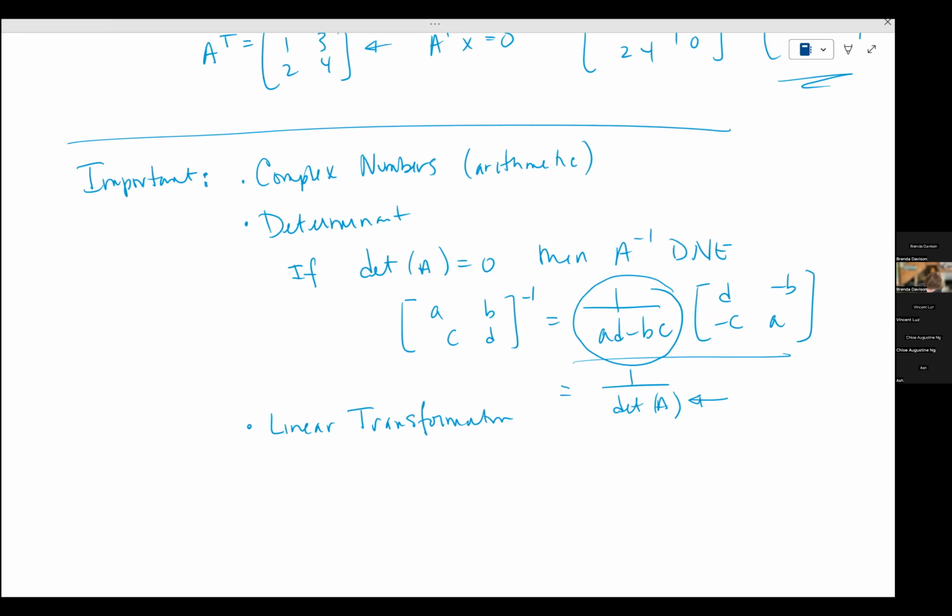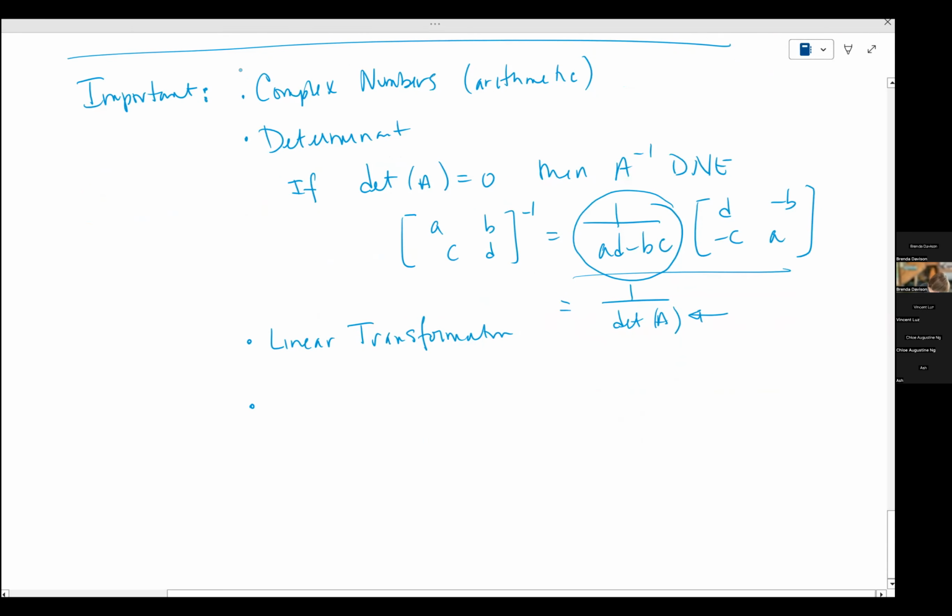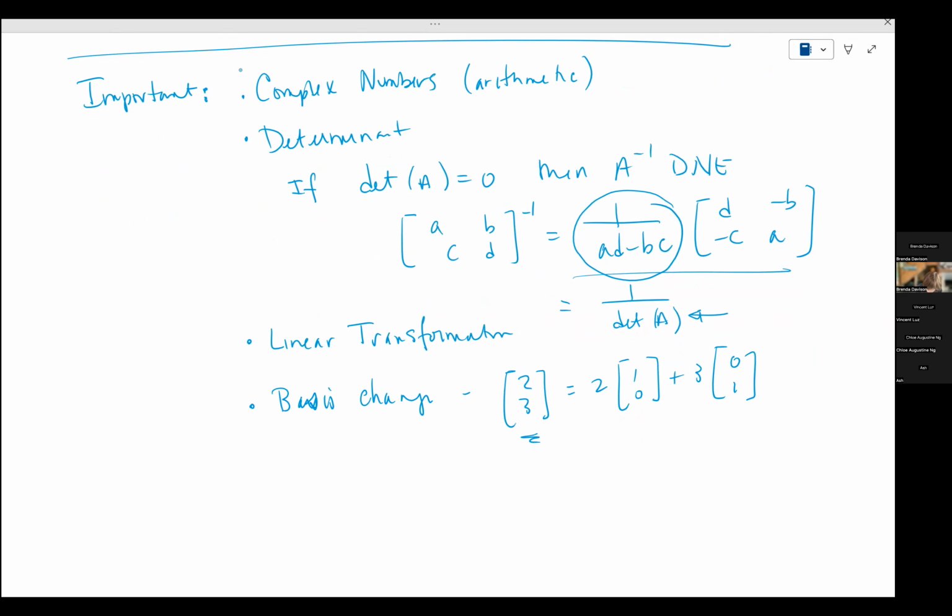Then, coming with that, there's the change of basis. If we have vectors, we have to recognize that the coordinates we have, like 2, 3, are relative to some sort of a standard basis. They do not have to be.